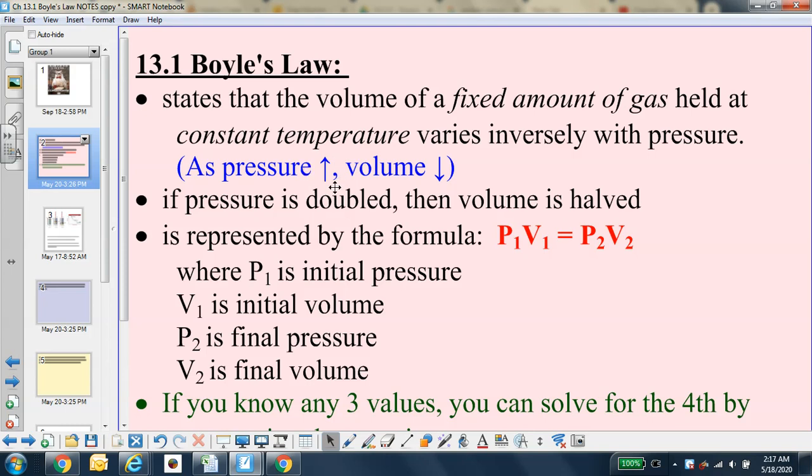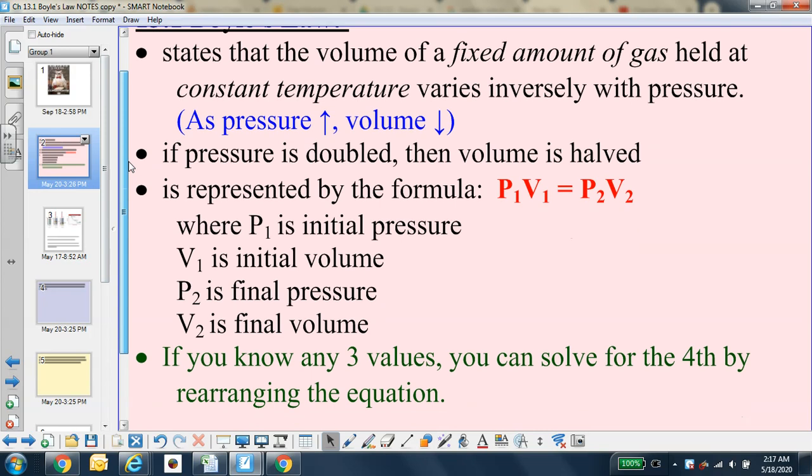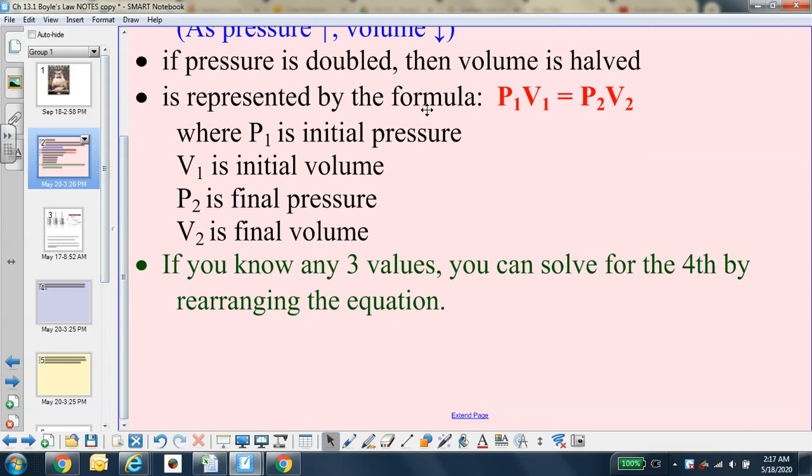If we decrease the pressure, the volume will increase. Our formula for Boyle's law is pressure 1 times volume 1 equals pressure 2 times volume 2. If we know any three of the variables, we can solve for the fourth variable.